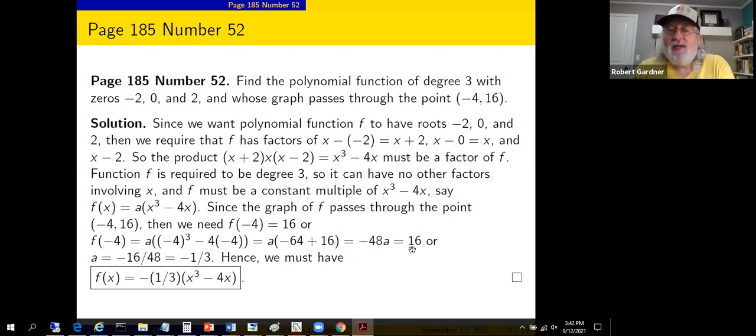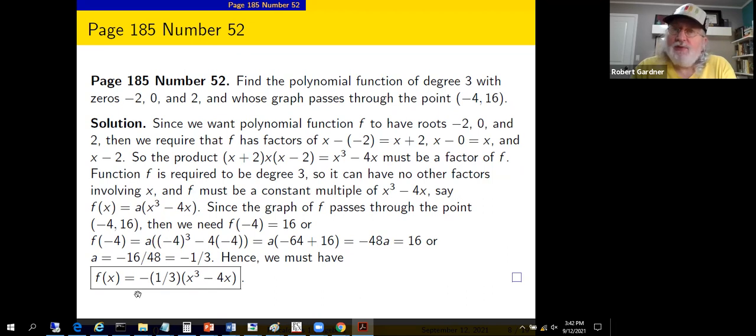Set it equal to 16, and here's an equation you can solve for a. Divide both sides by -48, and we get a equals 16 over -48, or -16 over 48. That simplifies to -1/3. So we must have a equals -1/3.